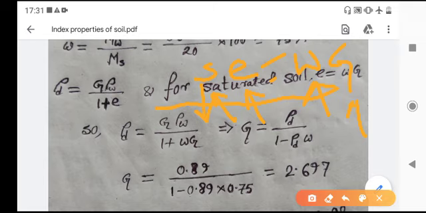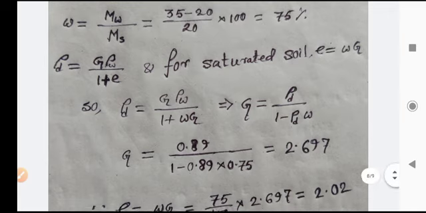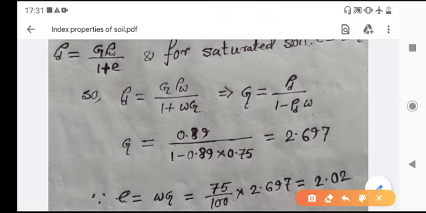So e equals wG. So rho d equals G rho W by 1 plus wG, so G equals rho d by 1 minus rho d into w.